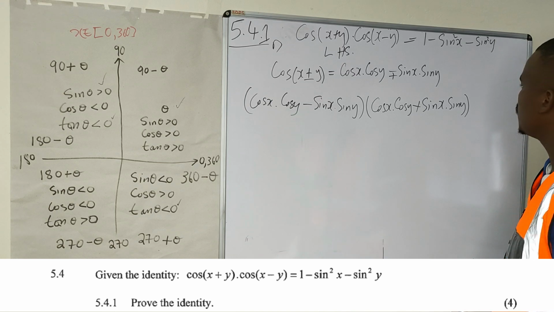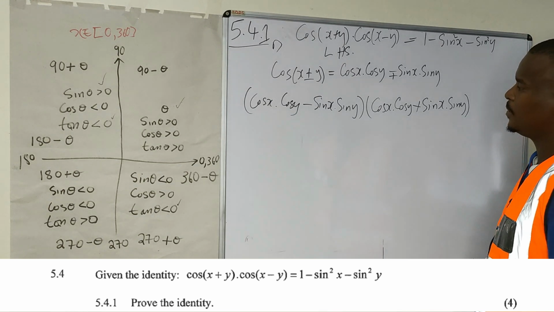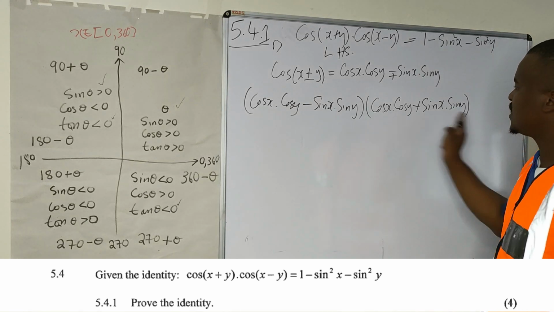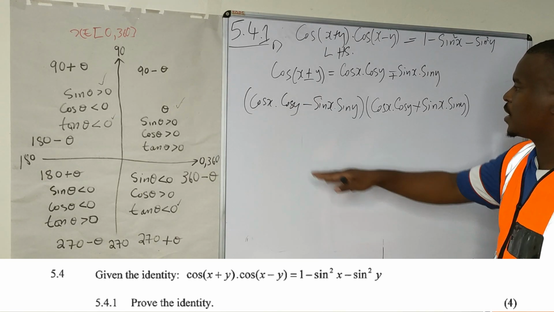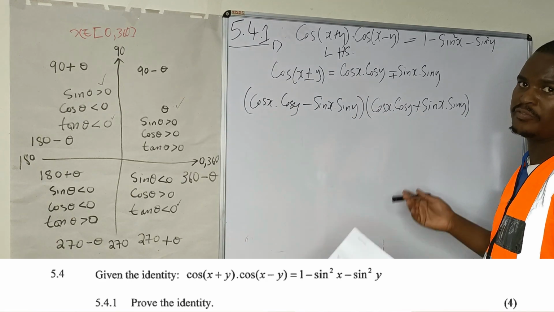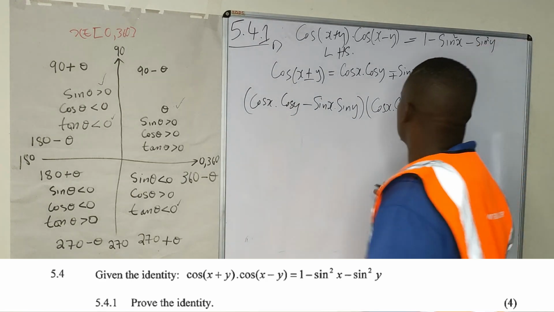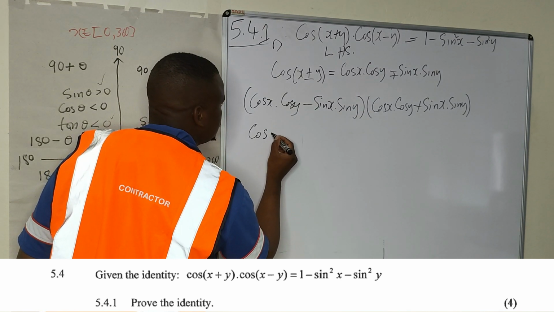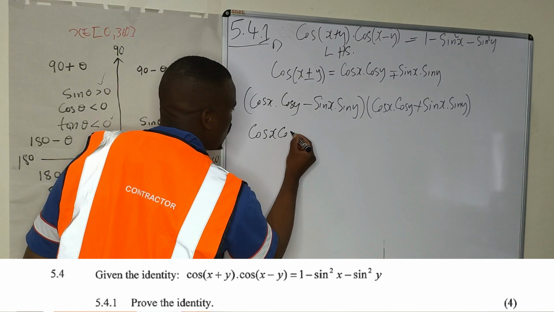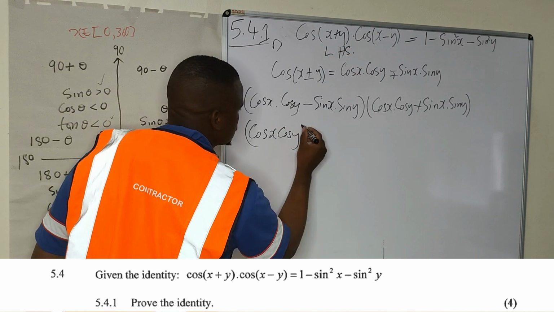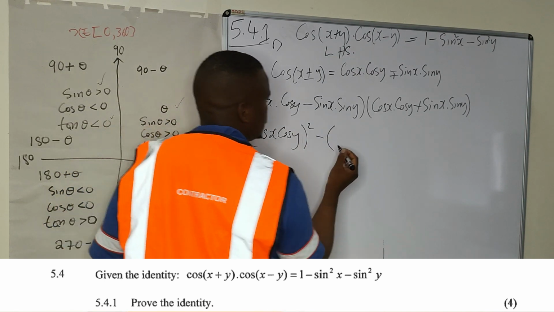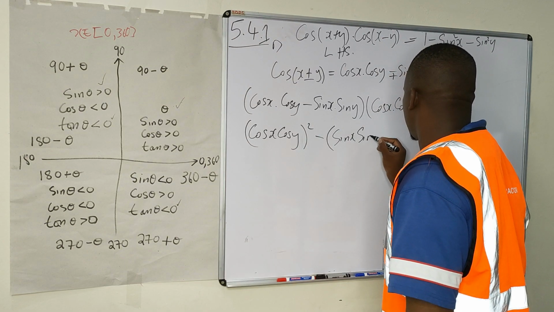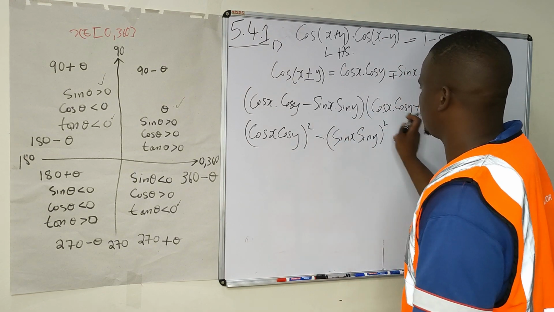So if you look at this, you will see that you have a difference of two squares here. You can multiply this straight out, or you can see that this is a difference of two squares and factorize it. So it's cos x cos y all squared minus sine x sine y all squared.